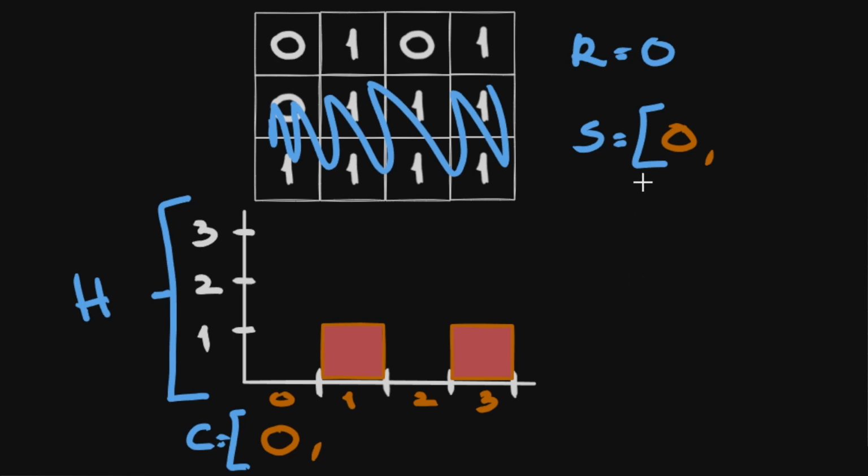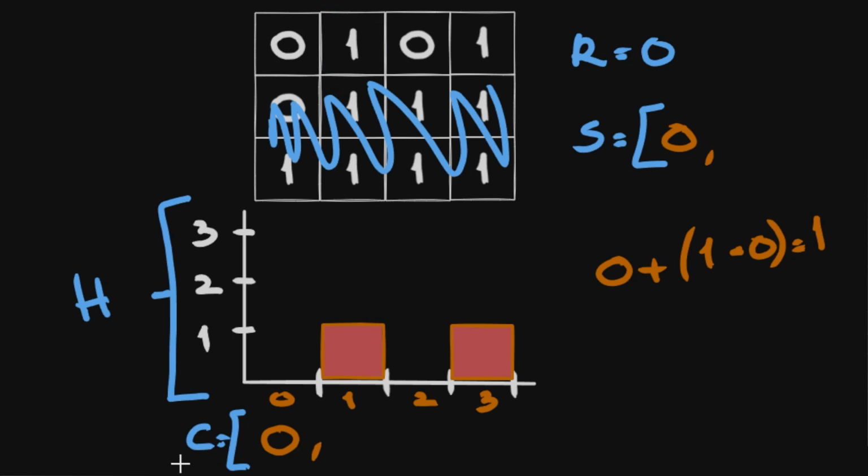We can take the result at counts and the last value in the stack, counts at 0. This is 0. Plus the current index, meaning index 1, minus the last index in the monotonically increasing stack, meaning 0. And this is 1. So this one represents this submatrix.